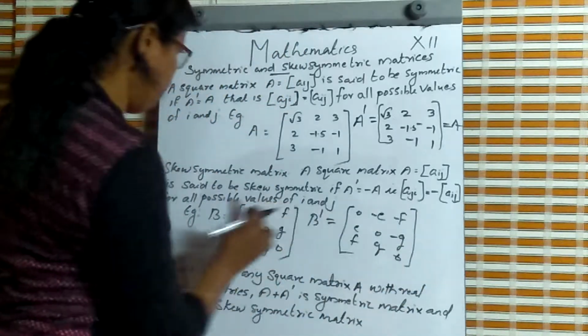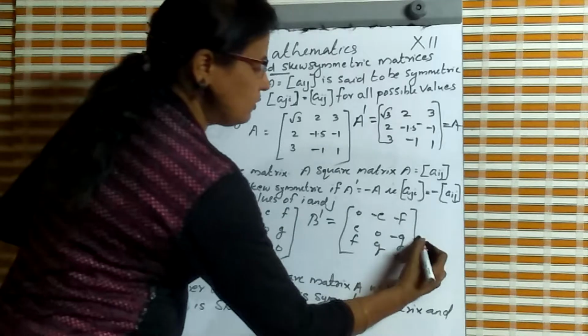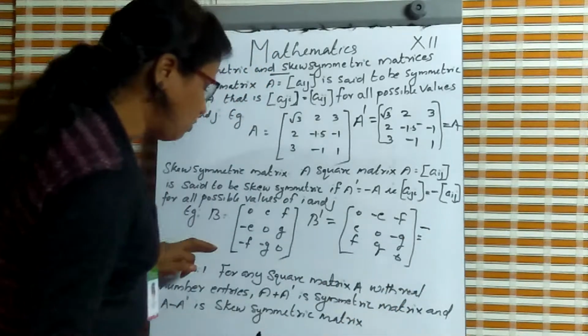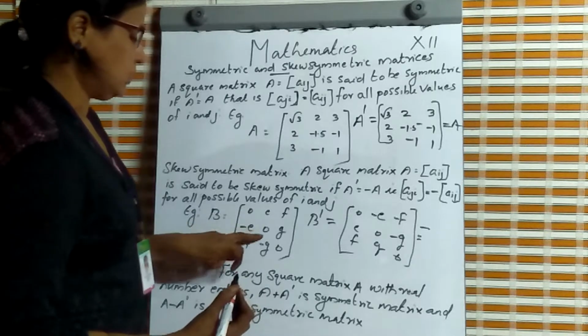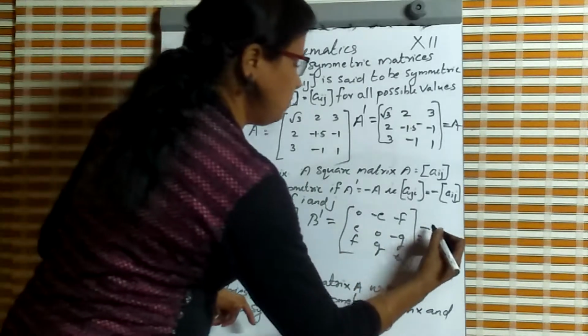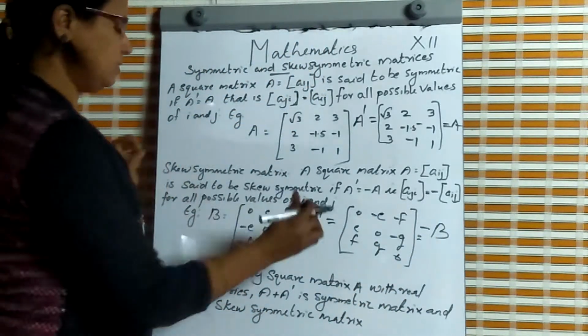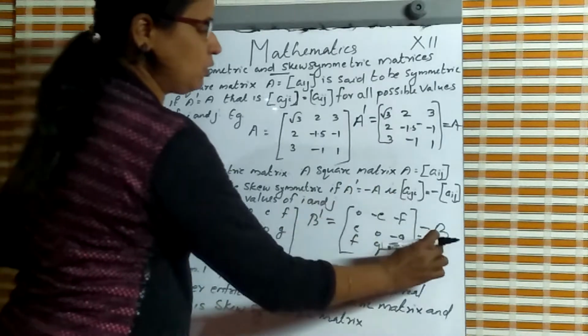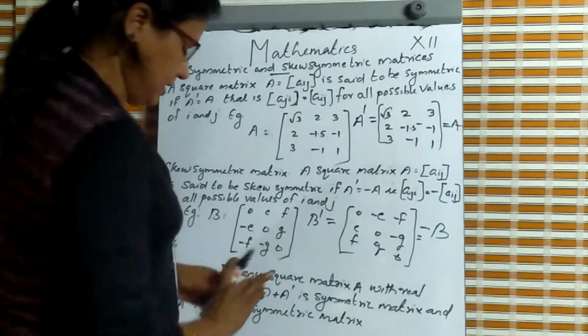Compare this with matrix B. We take the minus sign outside, so B transpose is equal to minus B. So if B transpose is equal to minus B, this is a skew symmetric matrix.